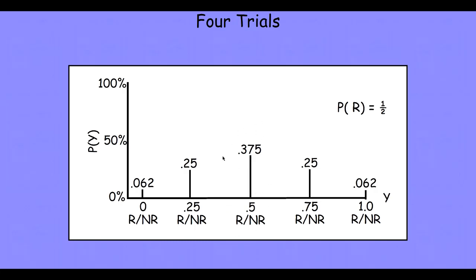As we move away from that population frequency, the probability of drawing a sample with a different frequency starts to decrease in a symmetrical way around that sample frequency. And when we get finally out here, in this case, no reds, in this case, all reds, we're down to 0.0625 as our probability.